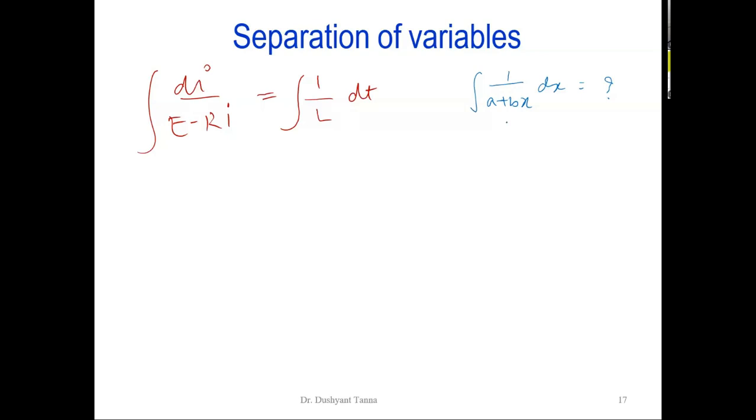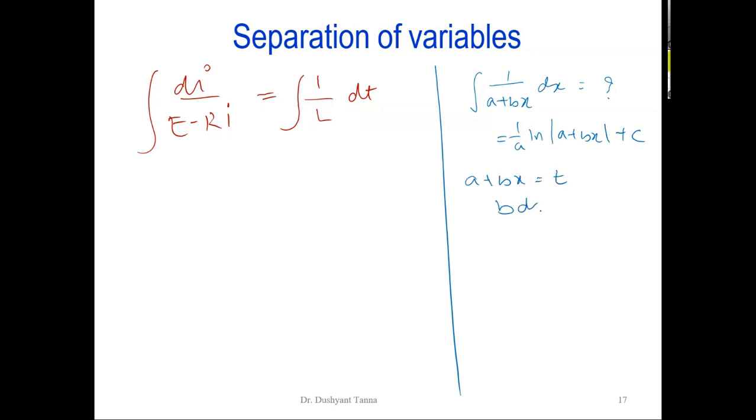Okay, if anyone has guessed it right, 1 over b ln of a plus bx plus c. If you don't know how that works, what you can also do is assume a plus bx is t. That will tell me b dx is dt, or simply dx is 1 over b dt. I put it back here, so that will simplify to 1 over b dt over t.